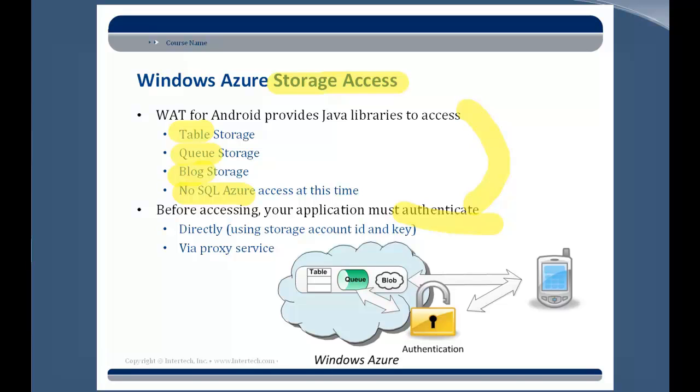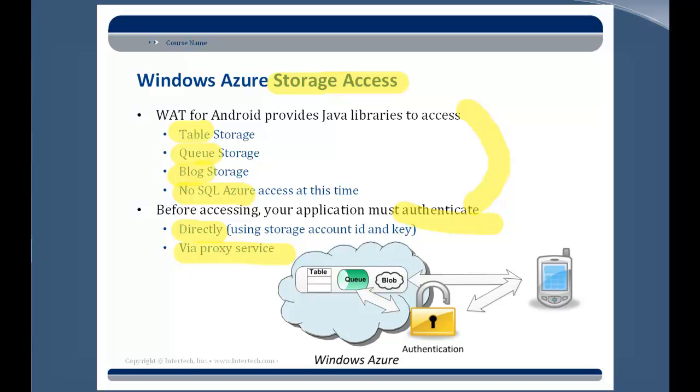These authentication mechanisms might be helpful for other types of application needs, both now and in the future as well. We have the ability to directly access the data, just providing the applications with account ID and key. We'll talk more about that in a second. Or we can provide for authentication and access to your storage via a proxy service, which is the Microsoft recommended approach. And we'll talk about the options here in just a second.